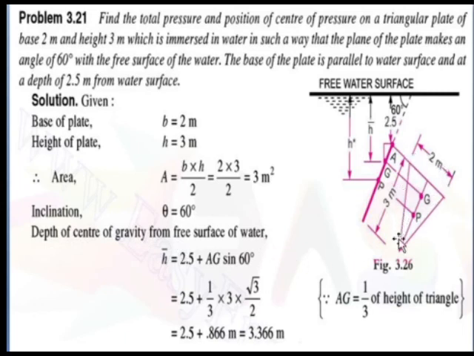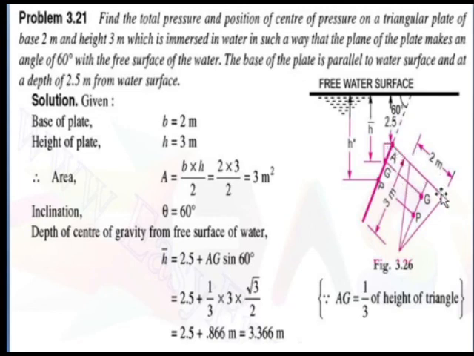The plate is of triangular shape, so the center of gravity is acting at h by 3 distance from the base of the plate. Here the height is 3 meter, so it is situated at a distance of h by 3, that is 3 by 3, which is 1 meter from the base of the plate.